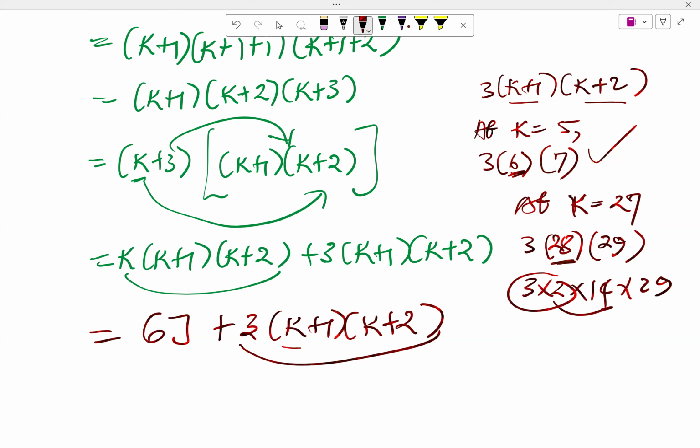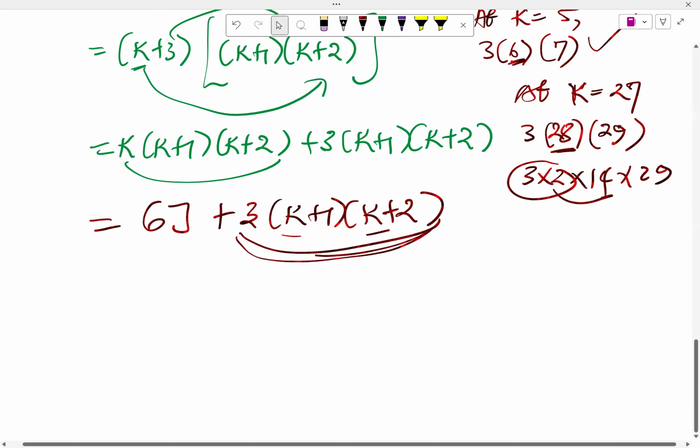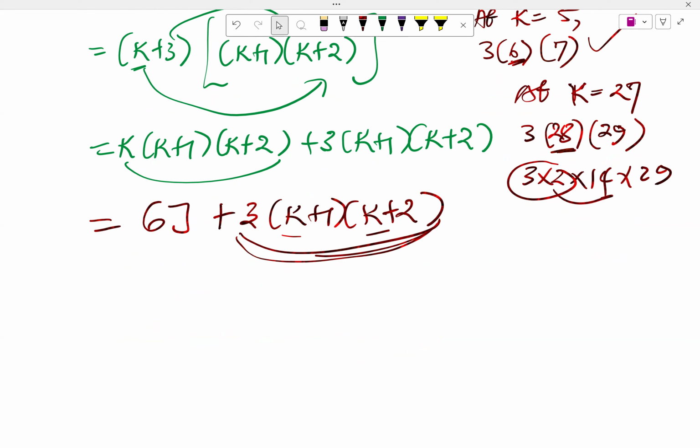So whatever k you choose, as far as it is greater than or equal to 1, this expression will always be a multiple of 6 also. So we can simply see now that if you call this 6j, you can also call this 6m.